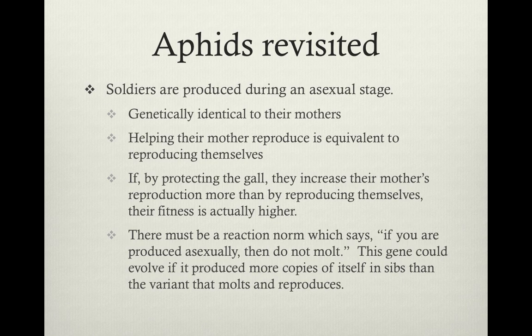So we can think about the developmental decision-making process in aphids as a reaction norm. And that norm would say if you are produced asexually, don't molt, don't become reproductive. This gene could evolve if it produced more copies of itself in siblings than the variant that molts and reproduces.